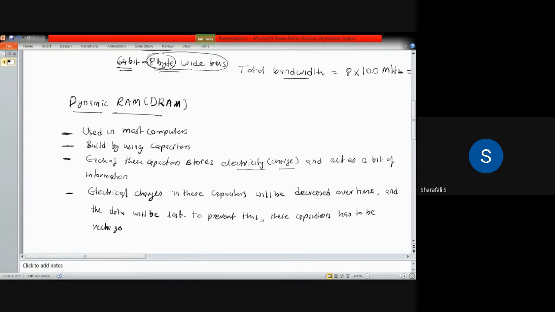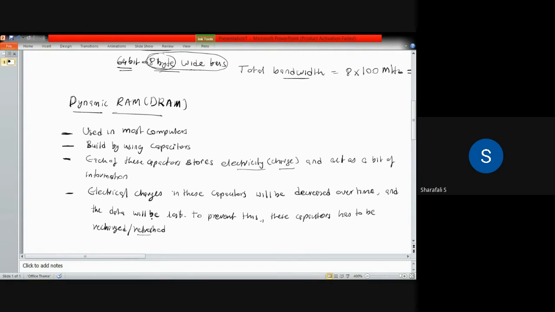or the better word is refreshed, because sometimes it will be zero already. So we don't have to recharge that capacitor. So this zero, we do not have to recharge. Only those which are having charge, only that particular capacitor we are going to charge. So the better word is refreshed, which means that it is retaining its state. Refreshing means whatever state it was, if it is charged, then we have to charge it.